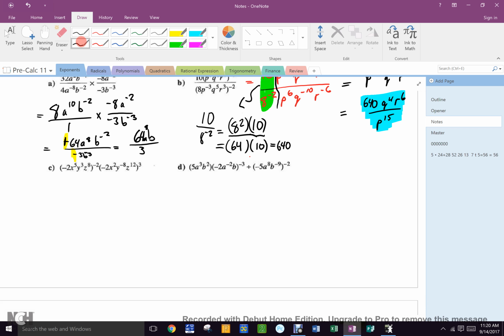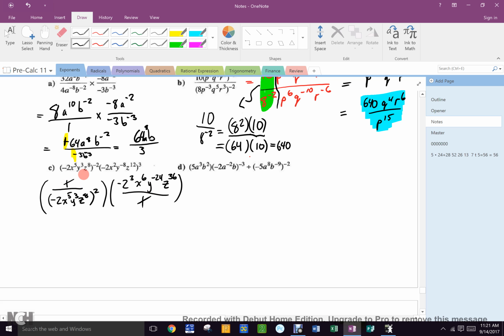Let's come down to this guy right here. That negative 2 changes all of this, right? What I would do there is I would go 1 over negative 2 x5 y3 z8 all squared. And that's going to multiply by negative 2 cubed x to the 6th, y to the negative 24, and z to the 36th over 1.